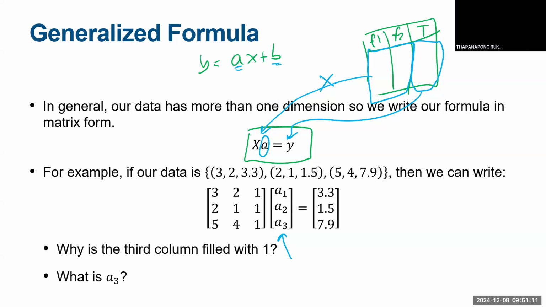So there are two questions: why is this column all ones, and what is a3? Intercept. It's basically b in our original equation. When we write x1, x2, x3, then we're going to have a1 plus a2 plus a3, and then we add a plus 1.